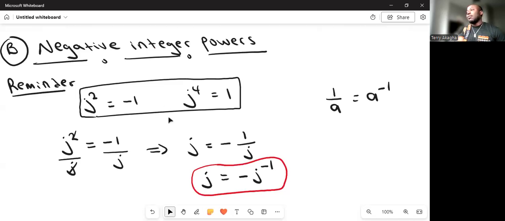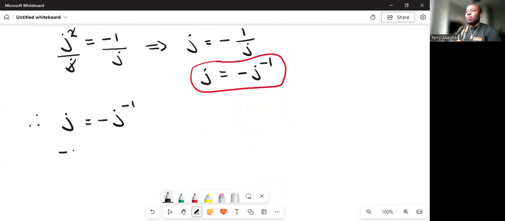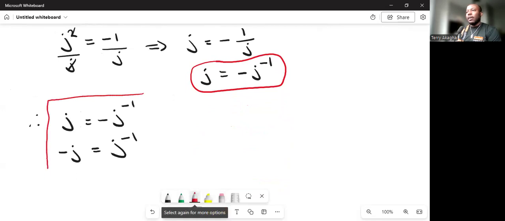So with that being said, I can conclude that J is the same thing as minus J to the power of -1, so I can also say minus J, if I multiply both sides by minus, should be the same thing as J raised to the power of -1. And this is a formula I need you to keep in mind for negative powers. So J is equal to minus J raised to the power -1, or minus J is the same thing as J raised to the power -1.